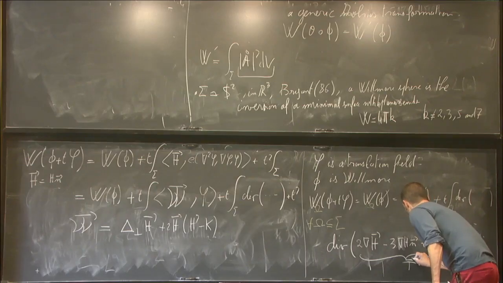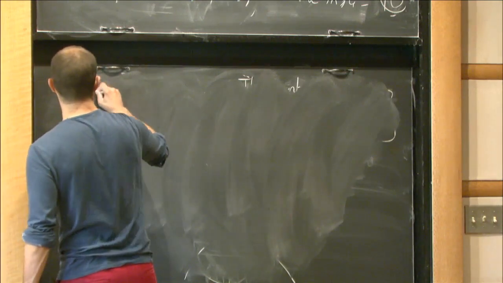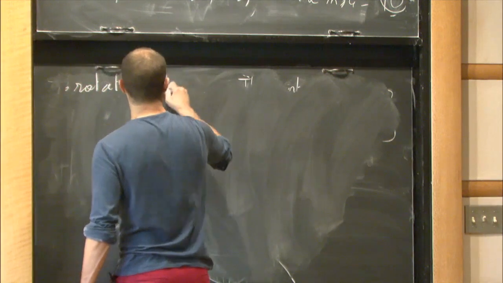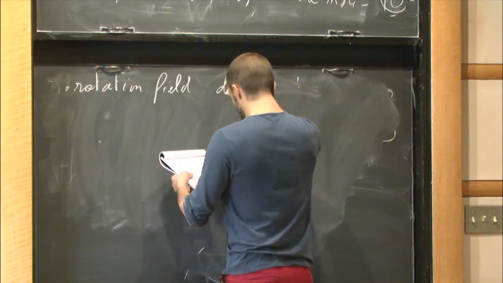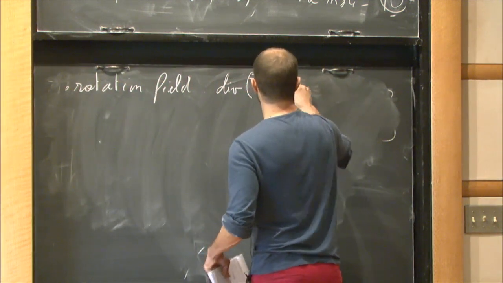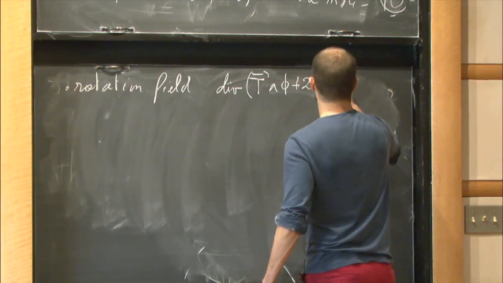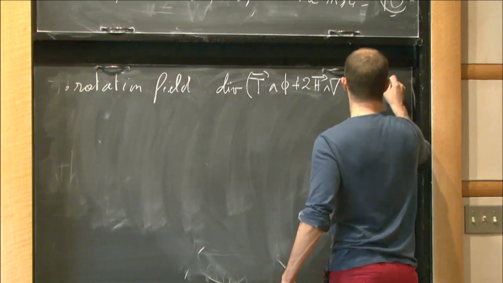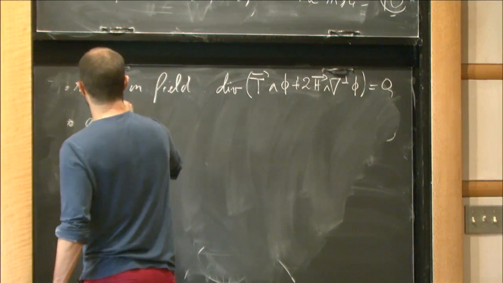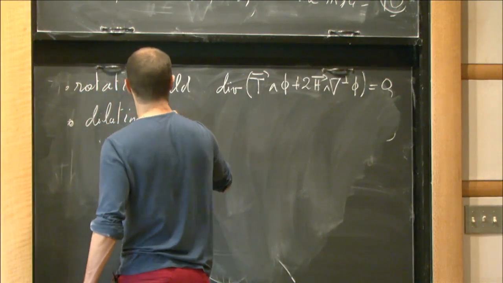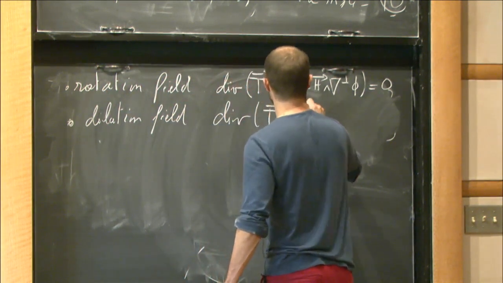So we are going to call this field T. And now if you take a rotation field, you see that the divergence of T wedge phi plus 2H wedge nabla phi is 0. And if you take a dilation field, you have the divergence of T scalar phi is 0.